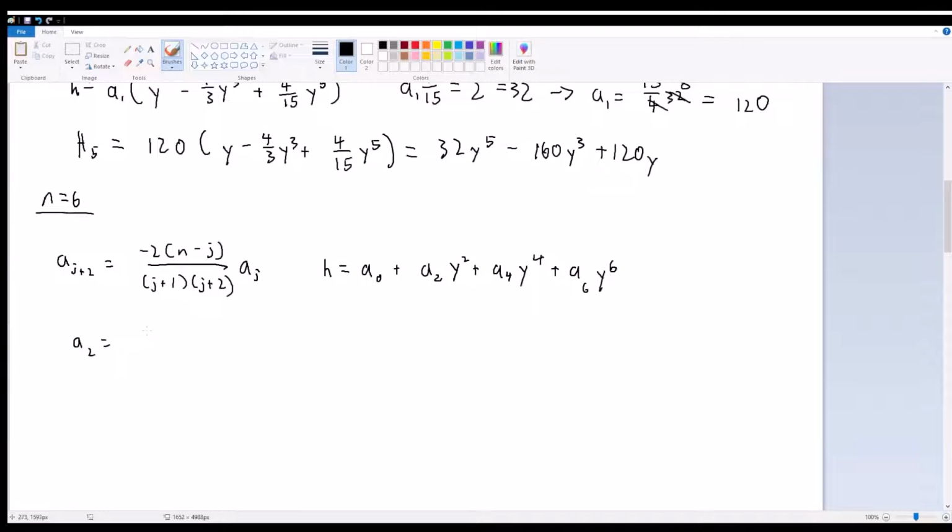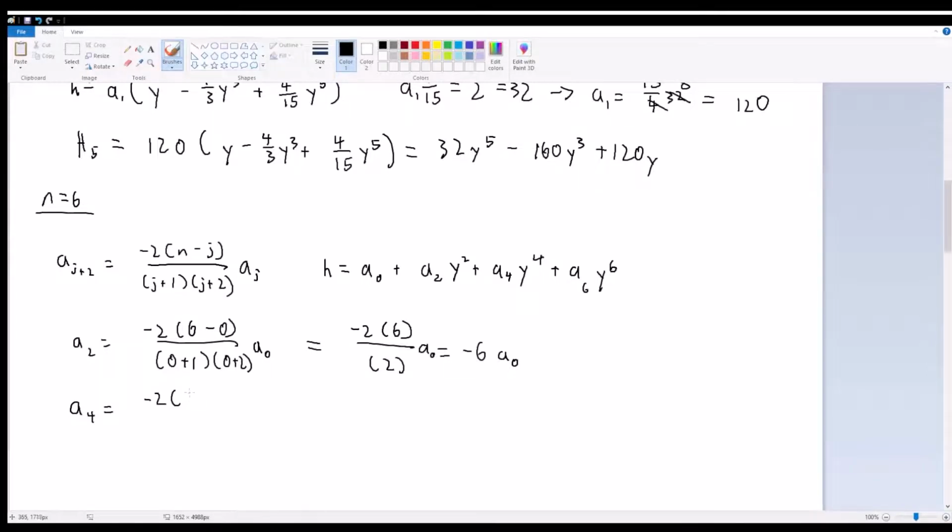So a2 is equal to negative 2 times (6 minus 0) over (0 plus 1), (0 plus 2) times a0. This is going to give us negative 2 times 6 over 2. The 2's cancel. This leaves us with negative 6 times a0.